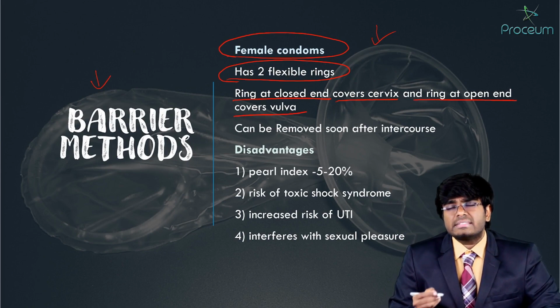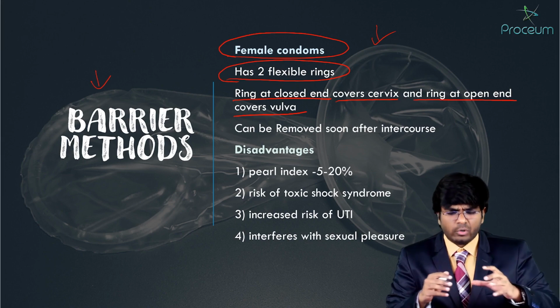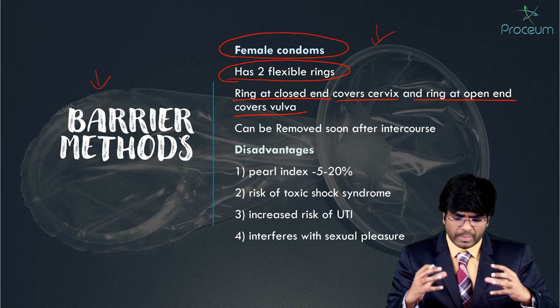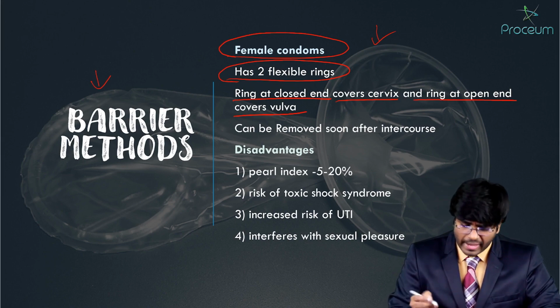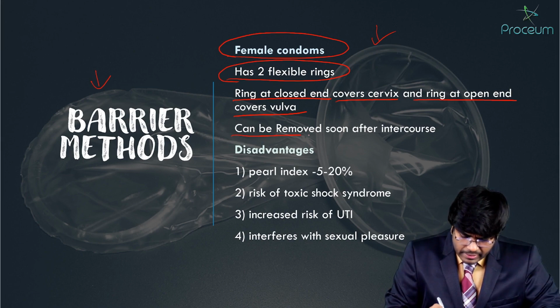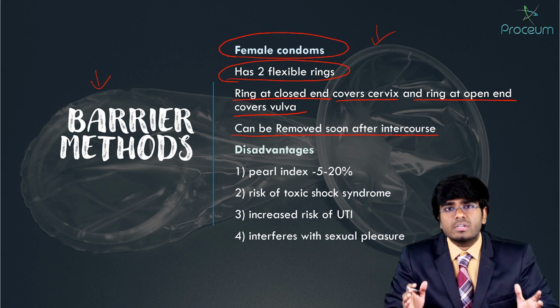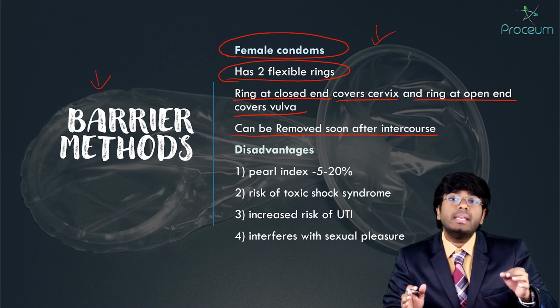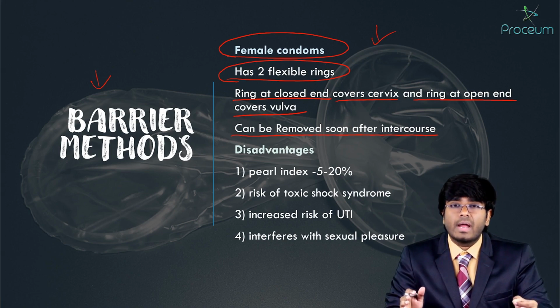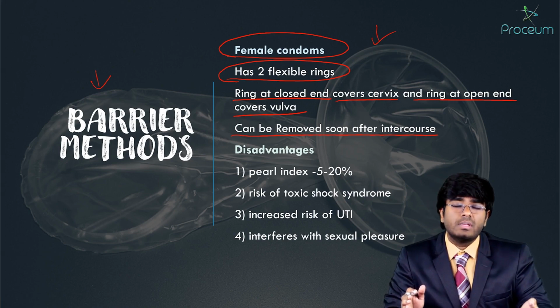Now the point is, usual intercourse is happening within the cavity of this plastic bag. That's a polyurethane bag, and this can be removed soon after the intercourse. Just immediately after the intercourse, this condom can be removed. Female condom can be removed and it can be used more than once.